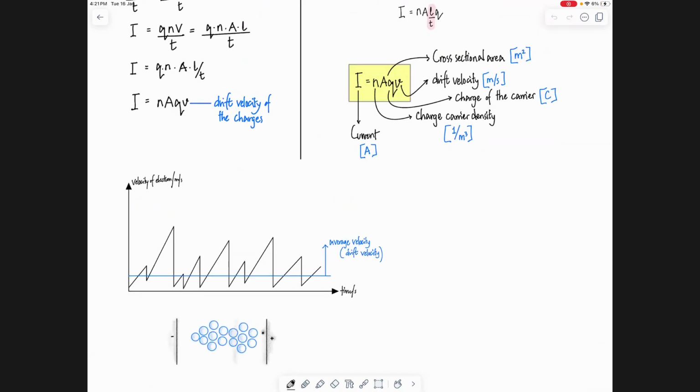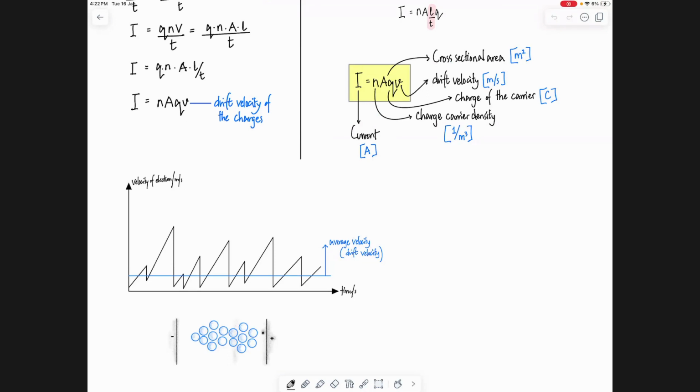Just a quick reminder, what is I equals nAQv? It's called the transport equation. You need to know the name. The transport equation helps you find out how current depends on the material, the cross-sectional area, the charge, and more importantly, the drift velocity. What is drift velocity?